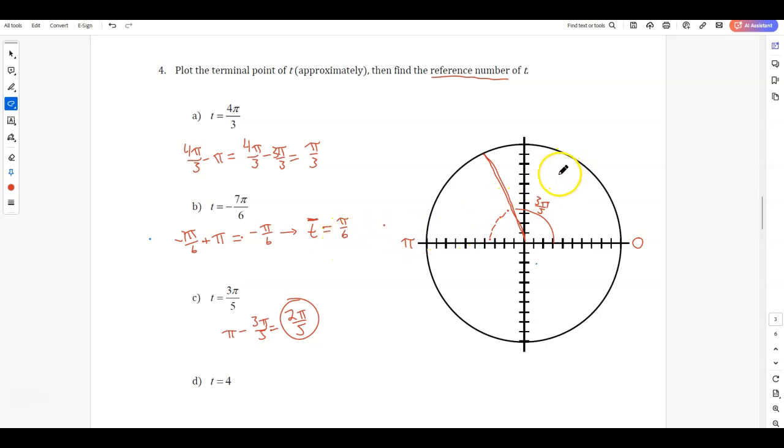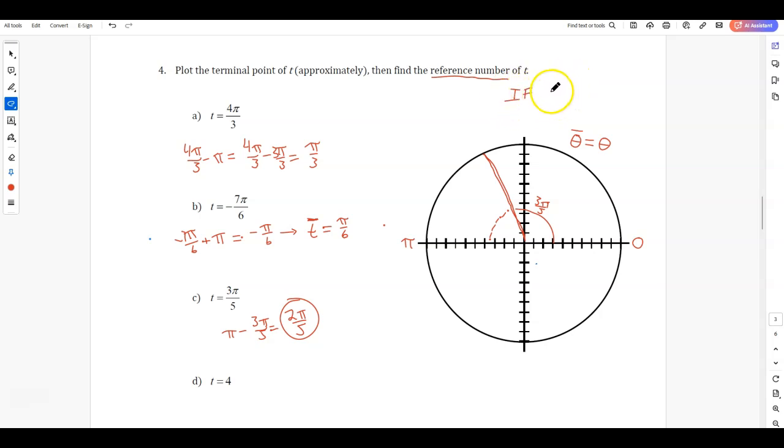First, let me just talk about the formulas that you can use for these guys. So up here in quadrant 1, a lot of times they'll either use t or theta. I'm going to use theta here. So the reference angle of theta up here is actually equal to theta, if you are starting from 0, right, and between 0 and 2 pi. So let me put a big if up here.